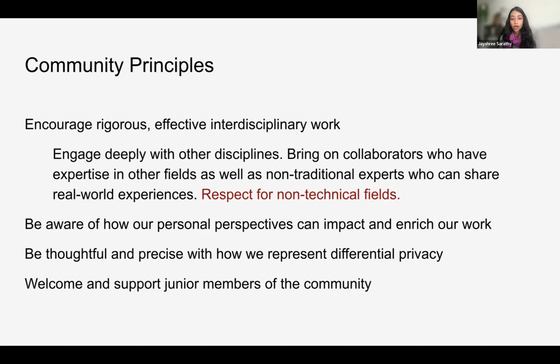Being aware of how our own personal perspectives can impact and enrich our work. Being thoughtful and precise with how we represent differential privacy, especially as we continue to interface with different and new communities. And of course, welcoming and supporting junior members of the community. I think this is something that we've all experienced as we've been part of this community, and we're excited to see that kind of generous spirit continue to grow.